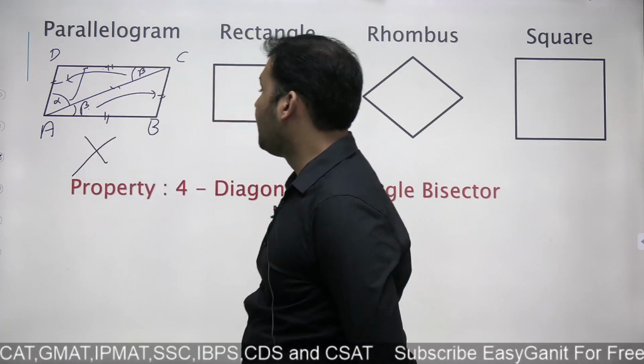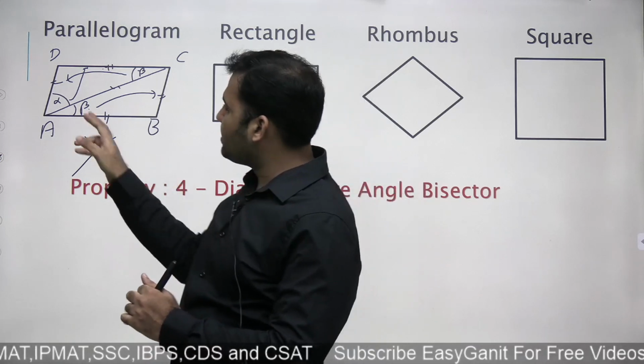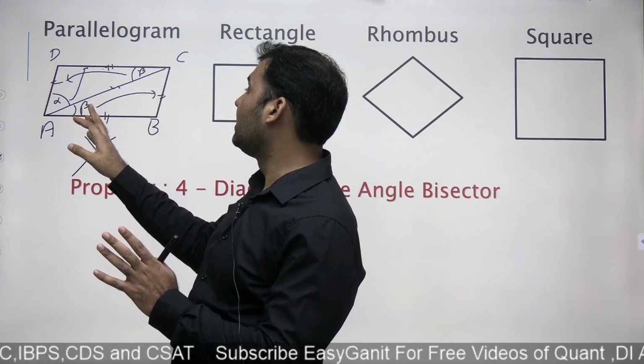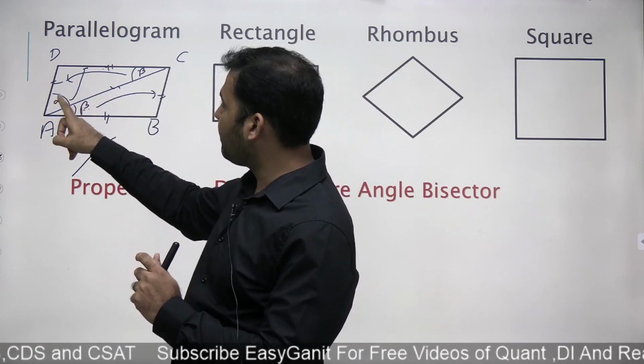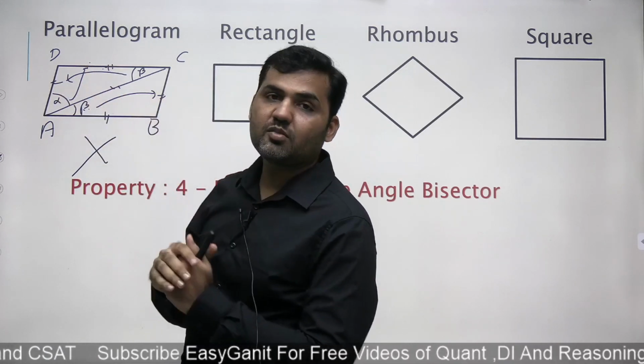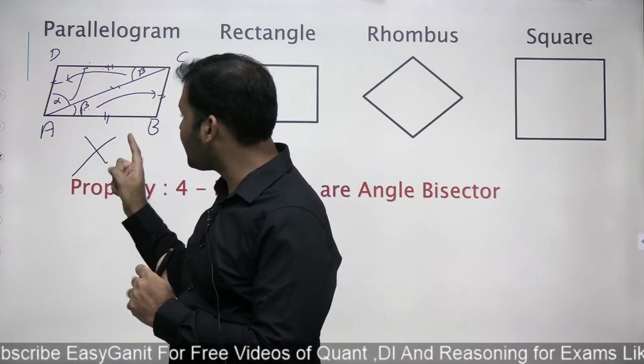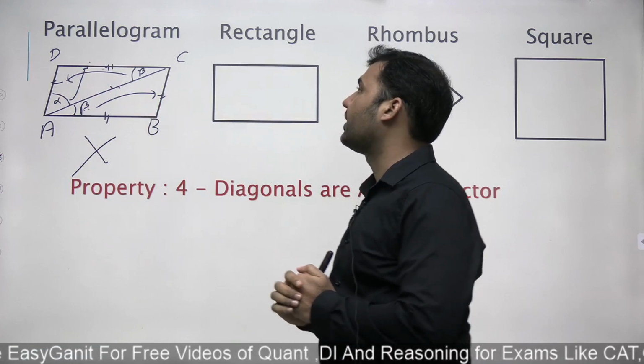Not possible, because the moment diagonals act as angle bisectors, in that case this angle will be alpha, then this side and this side will be the same, and the parallelogram will become a rhombus. It will not be a parallelogram.